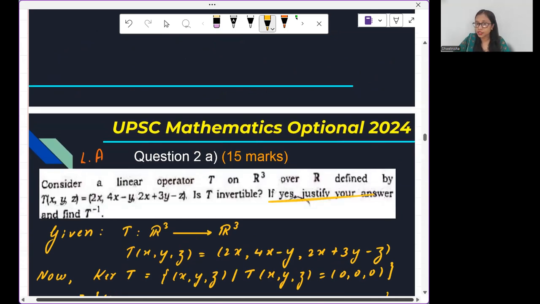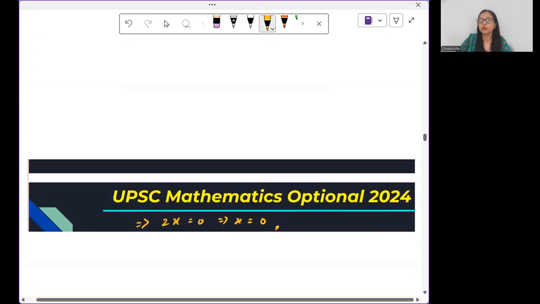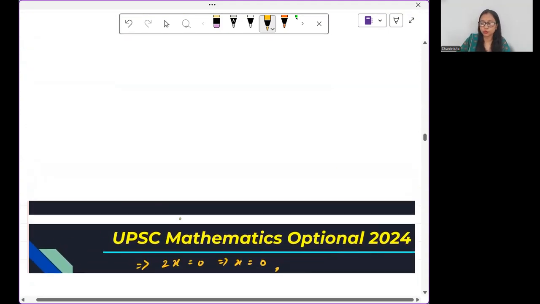But look at the second part. If yes, justify your answer and find T inverse. Actually, to find T inverse, we need to do some more calculations, but that can be totally avoided if I use another way to prove this invertible part.